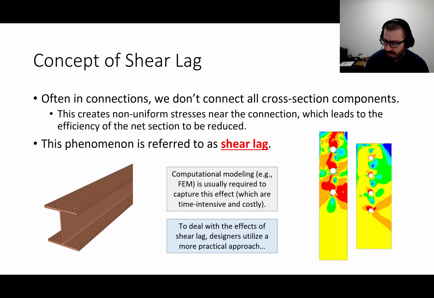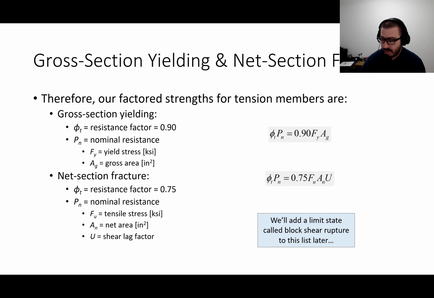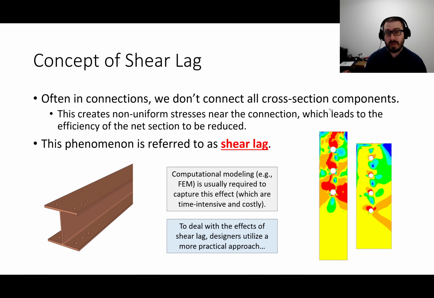But we're not looking at the gross section. If we go back to our equation, we don't have a U value right there. We're looking at the net section. When we look at the net section, the stresses are very non-uniform. They're all over the place, okay? And unfortunately, we can't ignore that. We have to do something about it. We have to account for that in some fashion, okay?